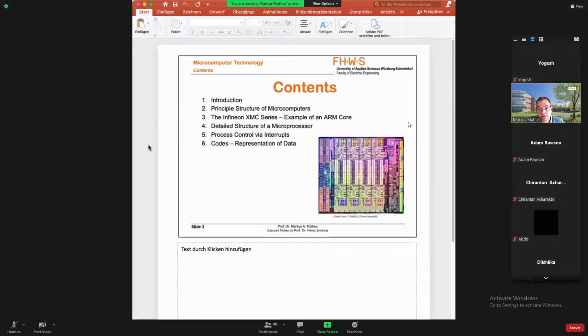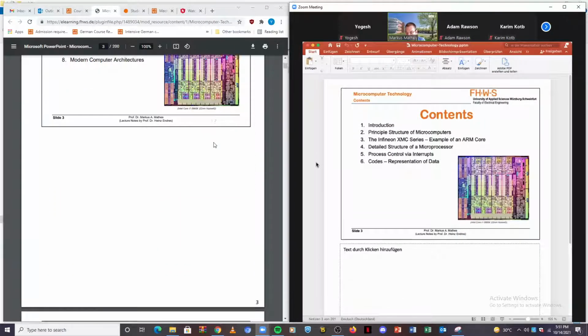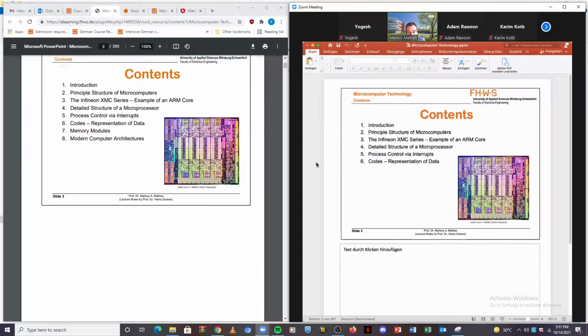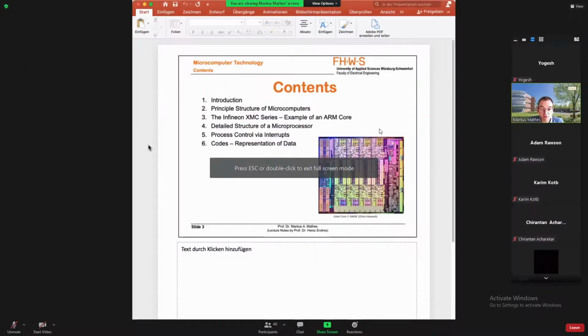And in the second chapter, we will study the principal structure of a microcomputer. So we want to understand how smartphones, tablets, PCs, servers, workstations, whatever, how they are constructed and how they can be operated, how they are working.